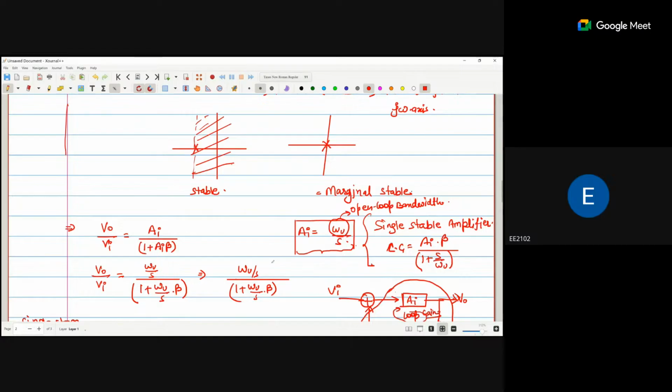Because if you plot the response, when s is 0 it will be up to infinite, and when s increases it will go down. When s is equal to ωu, this becomes 1, and because of this my magnitude will be 1 by root 2.